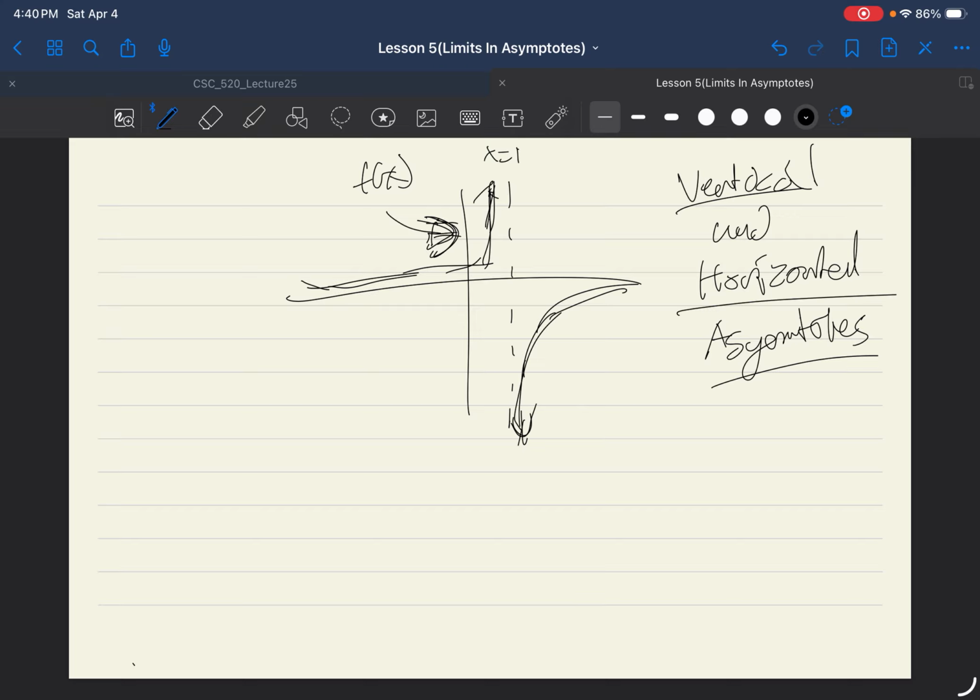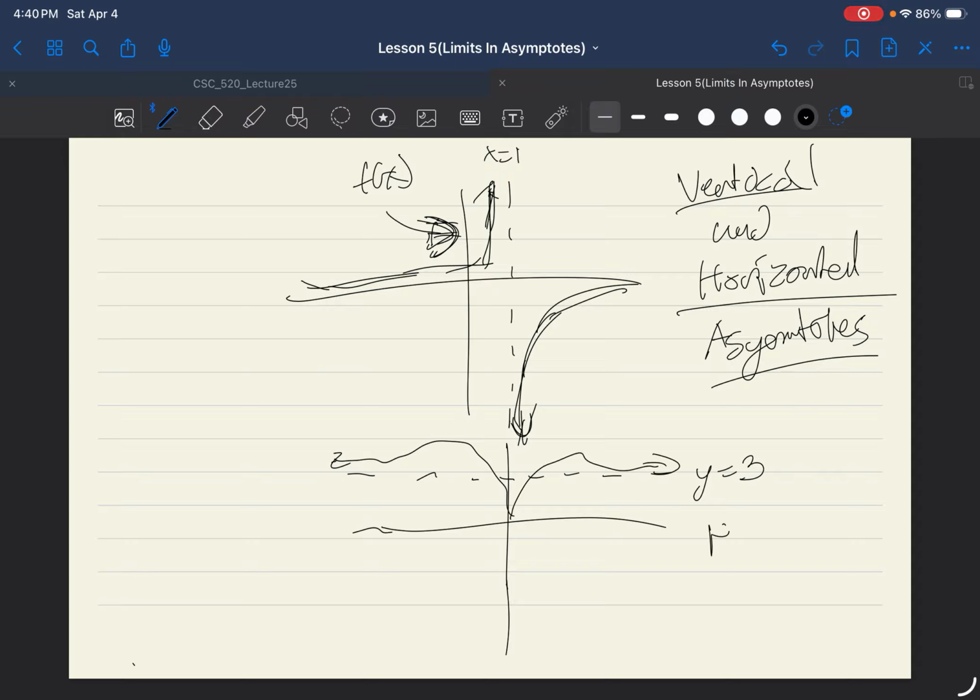And horizontal asymptotes are very different. If your teacher didn't teach you this before, this might be surprising to you, but horizontal asymptotes can actually be crossed. Something like this could absolutely happen. Because horizontal asymptotes, while not usually crossed, define end behavior.